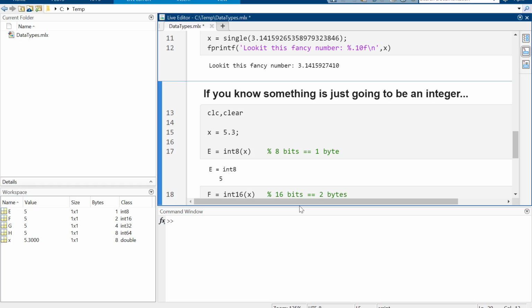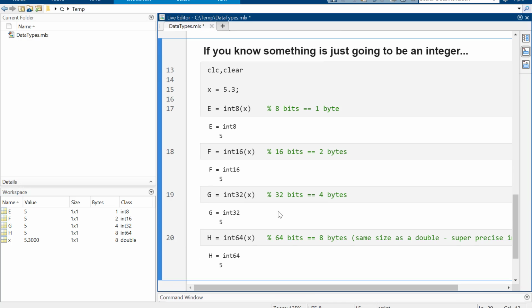See how these numbers come up as just 5. Even though I put in 5.3, it's an integer, so it just truncates it. Oh, it doesn't truncate apparently. In Matlab it rounds. I think in C it truncates. Different programming languages do different things, but anyway, you shouldn't be using an int if you don't have an integer.